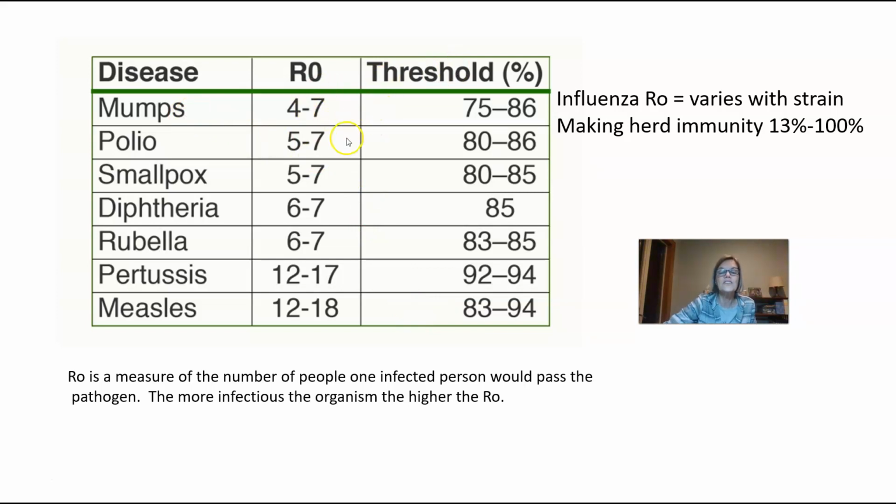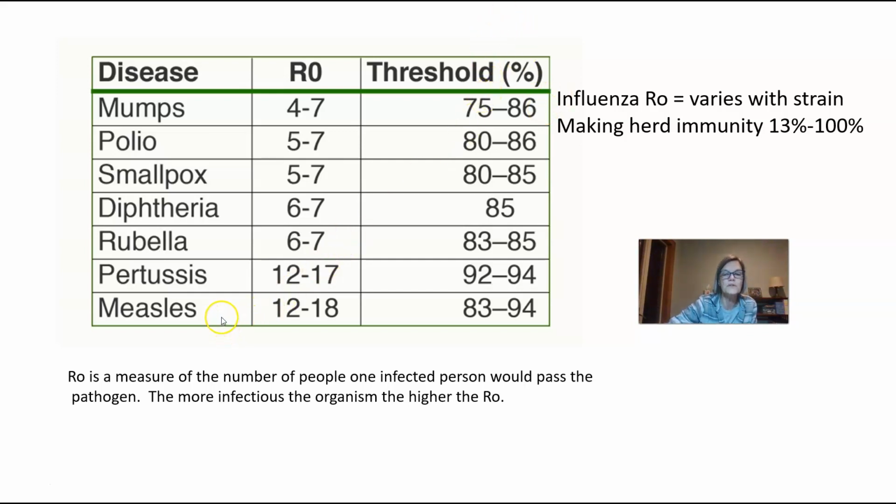And there's a formula that you can use to calculate what percent of people need to be vaccinated in order to get herd immunity. And what you can see here is with mumps, if 75 to 86% of your population is vaccinated, you'll be providing herd immunity. You'll be protecting those few individuals who are not vaccinated.